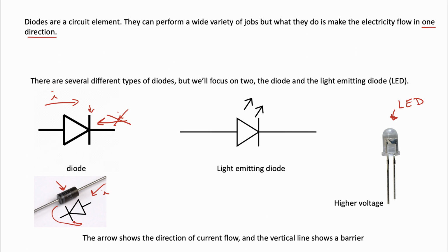And then for an LED, the direction of flow of electricity is, you can see on this picture here that for the actual LED, there's one leg that's kind of longer here, and that's going to be hooked to the higher voltage, and this one's going to go to the lower voltage. So the direction of flow of electricity is going to be into here and out here.